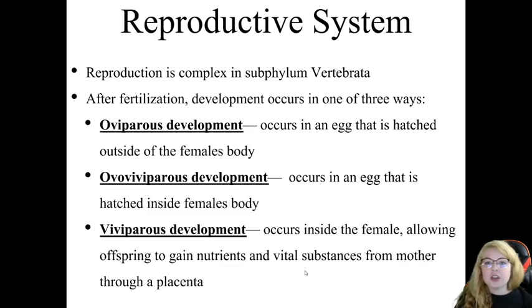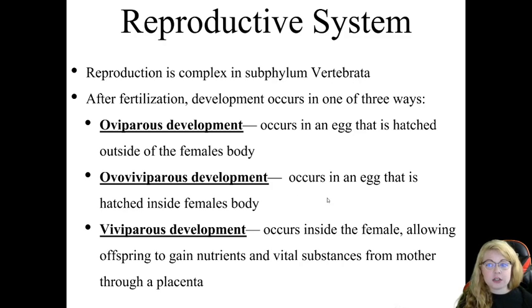Alrighty. Reproduction in this subphylum is quite complex. There's several different types: oviparous, ovoviviparous, and viviparous development. As you can see here, oviparous development occurs in an egg that is hatched outside of the female's body.